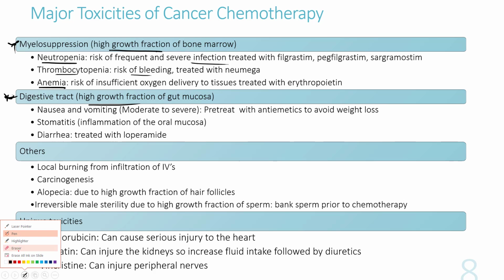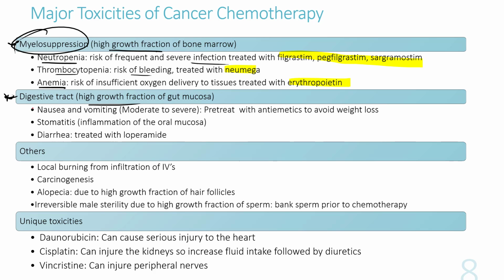If you look at the list here, neutropenia is treated by these three drugs, thrombocytopenia is treated by this drug, and anemia is treated by this drug, which is the hormone responsible for regulating red blood cell production. So that's bone marrow suppression.